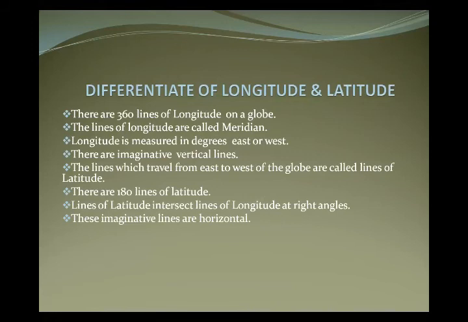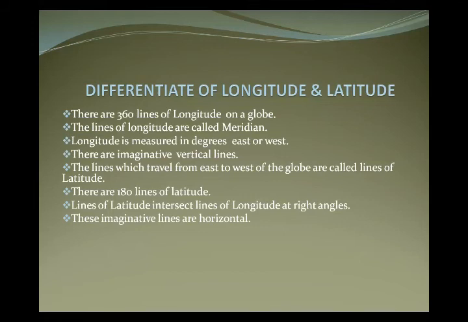Longitude is measured in degrees east or west. These are imaginary vertical lines. The lines which travel from east to west on the globe are called lines of latitude. There are 180 lines of latitude. Lines of latitude intersect lines of longitude at right angles. These imaginary lines are horizontal.